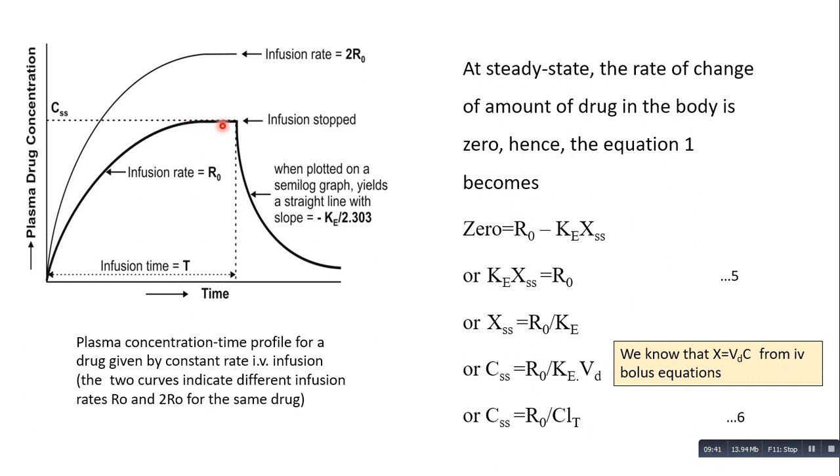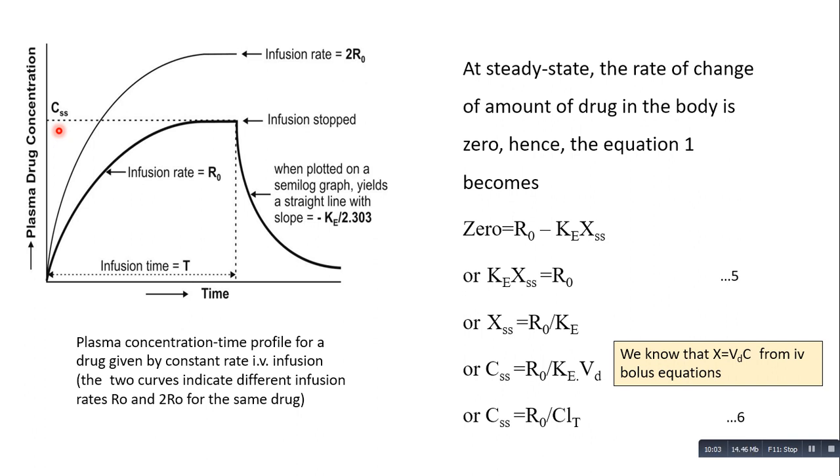Now if you think that if we infuse the drug at twice the speed given earlier, then this steady state concentration will be reached earlier, no, this is not the case.